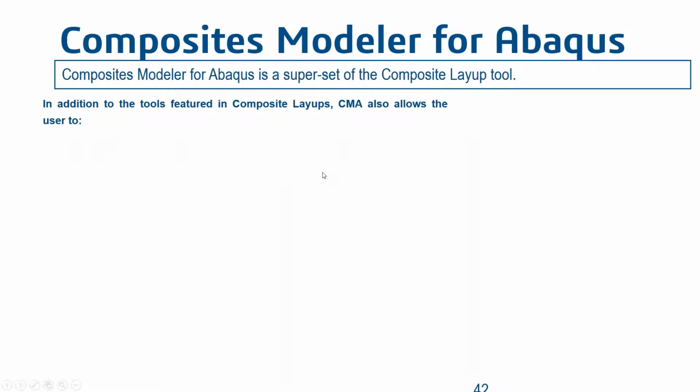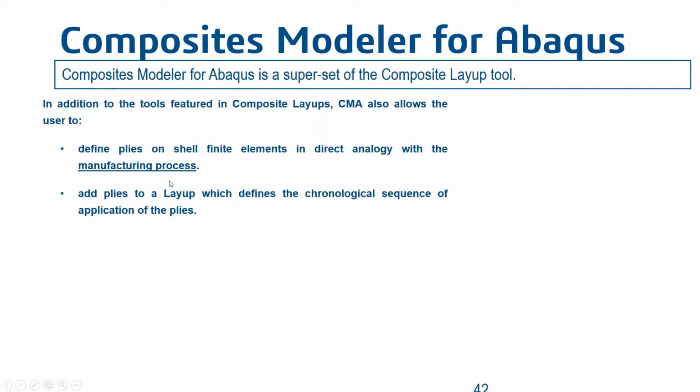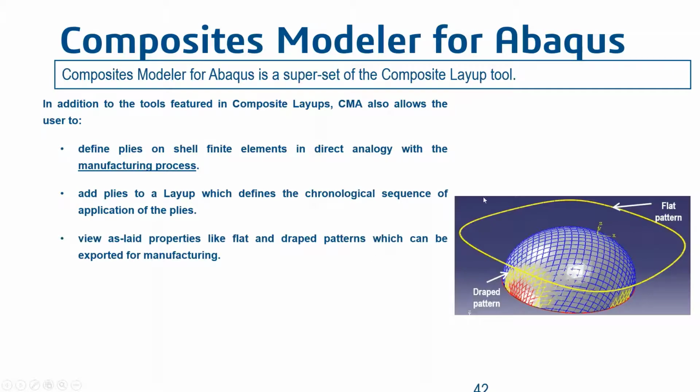So let's have a look at what we can do in this context when we design things using composites. There is an add-on capability in Abaqus CAE, which in addition to the native composite modeling features, can also provide for taking into account the manufacturing process.